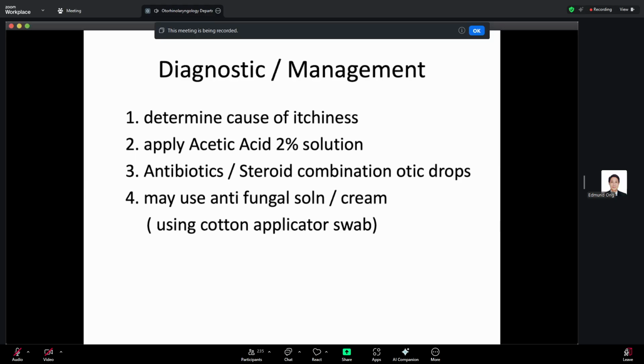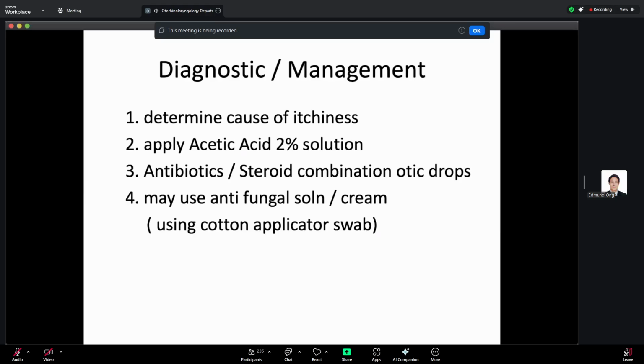When the patient comes to you with a very itchy ear, you need to determine the cause of the itchiness. Sometimes, aside from what I've told you earlier, allergy, like allergic rhinitis, can also present as itchiness of the ear. Once you have determined the cause, if it's bacterial or fungal, you give medication for that. If it's just dryness, you can give emollients or even ask the patient to use oil to make sure that the ear canal is not too dry.